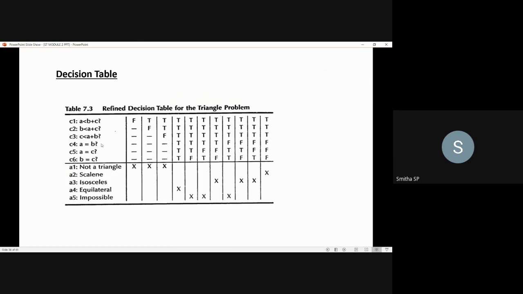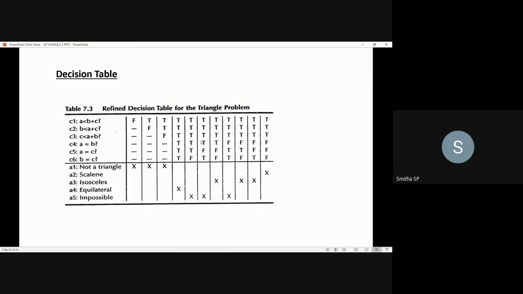But B is equal to C is false. How is that possible? A is equal to B is true, A is equal to C is true, so by the rule of transitivity B should be equal to C. But here the condition is failed. This scenario we can't have; we can't give the input variables likewise. This situation is impossible, so we mark the action as impossible.